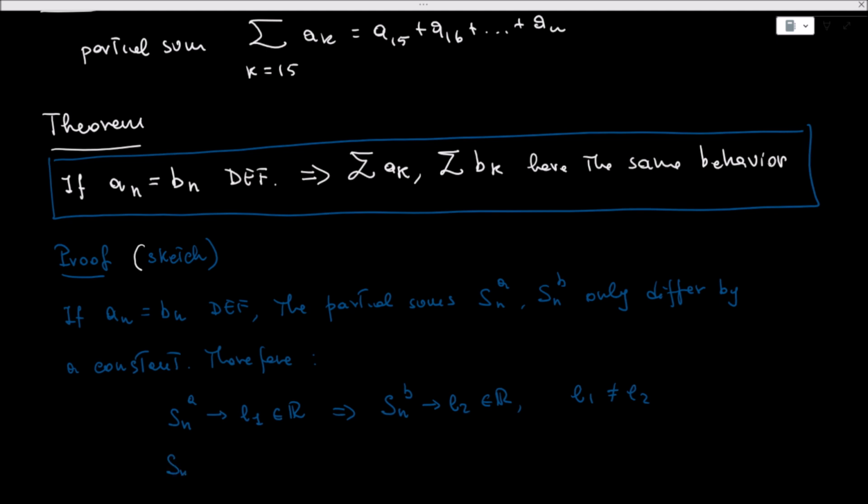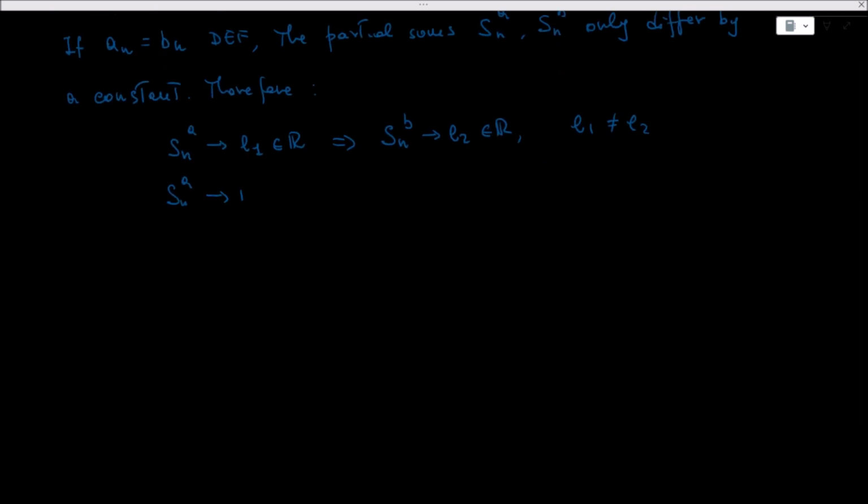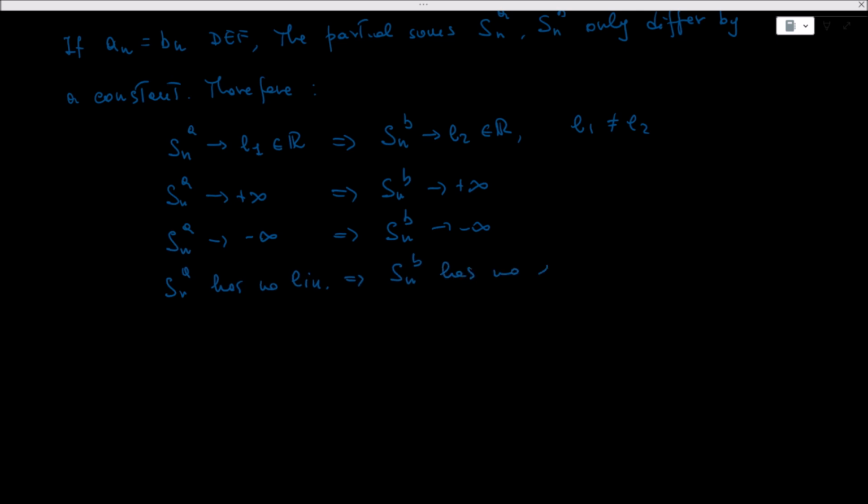Same story if Sna diverges to plus infinity, then Snb must also diverge to plus infinity. If Sna diverges to minus infinity, the same must happen for Snb. And if Sna has no limit, then also Snb has no limit.